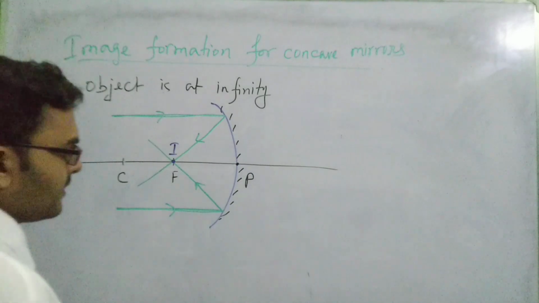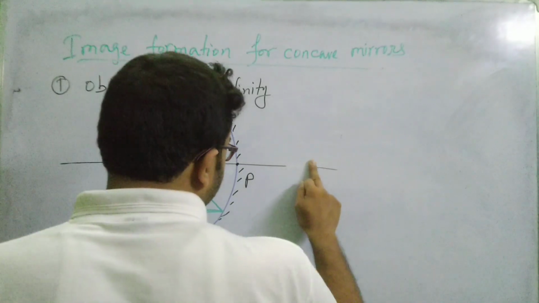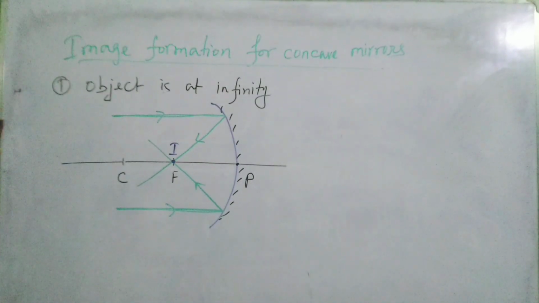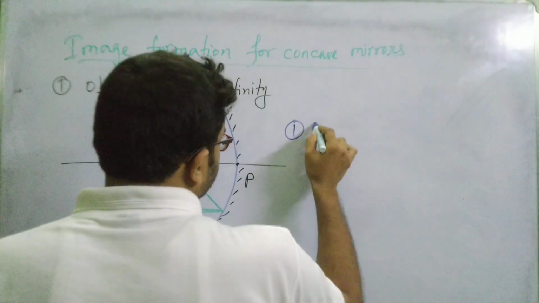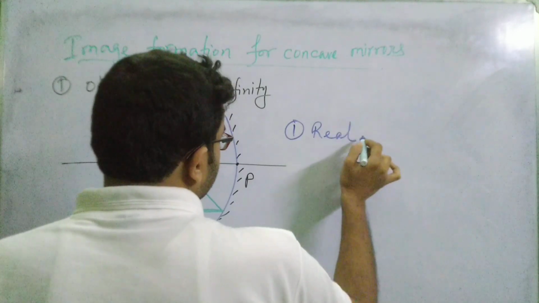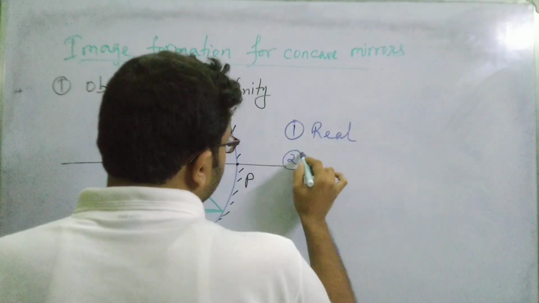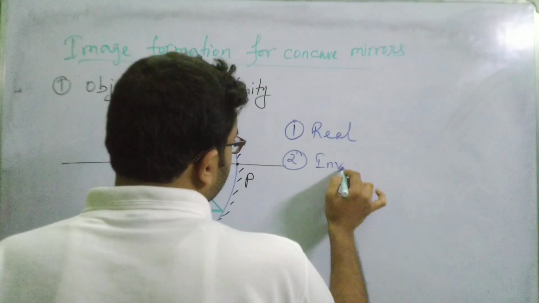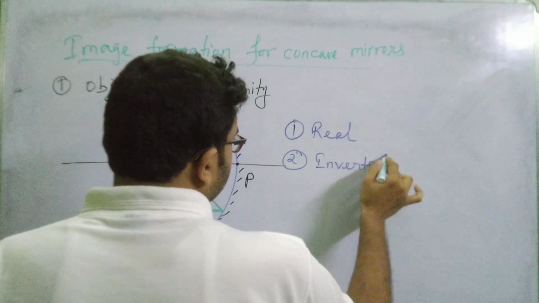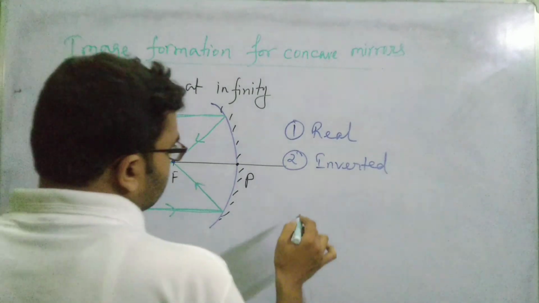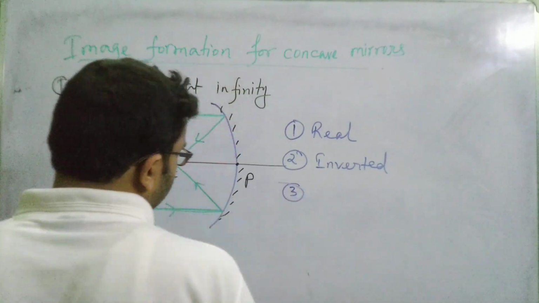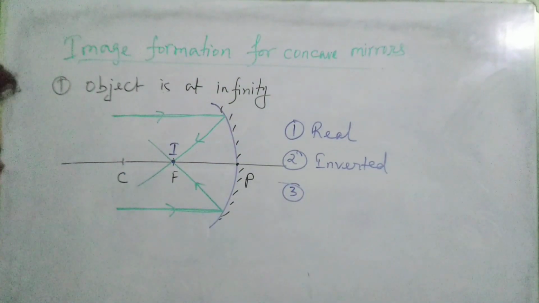Now if I talk about the nature of the image, the first point that should come to mind is it is real. Now when an image is real, obviously it is inverted. Okay, although it is actually a point, it doesn't matter whether it is inverted or upright, but it is inverted. And the third point that comes to your mind, whether it is diminished or magnified.